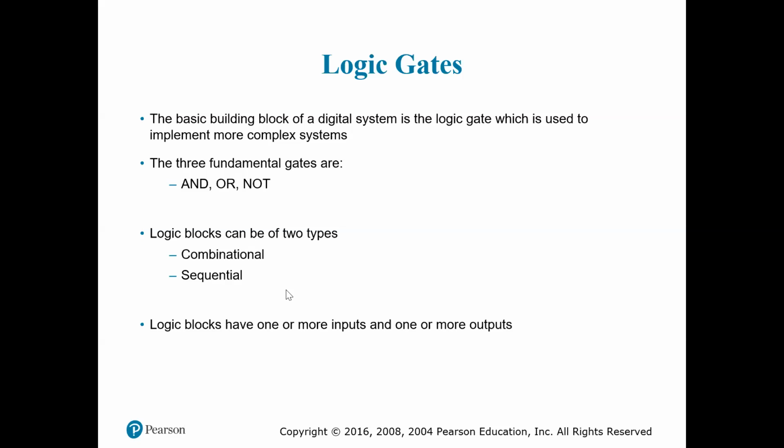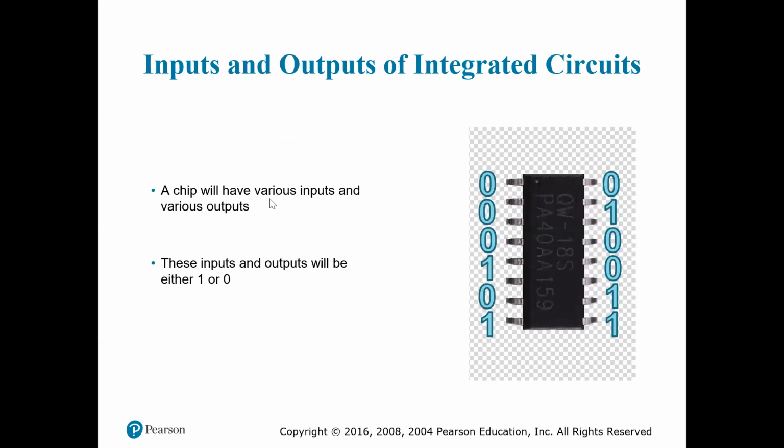Logic blocks have one or more inputs and one or more outputs. So for instance, the AND gate has 2 inputs and 1 output, and the OR gate has 2 inputs and 1 output. The NOT gate is also known as an inverter gate, and it has 1 input and 1 output.